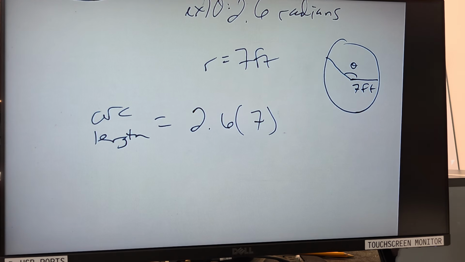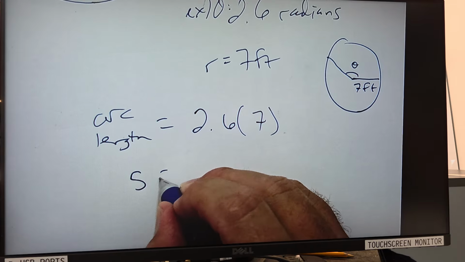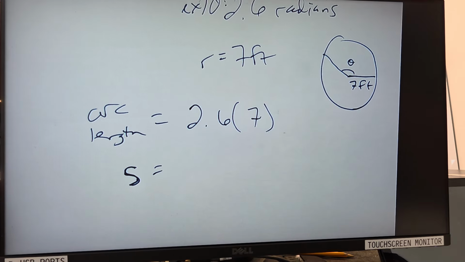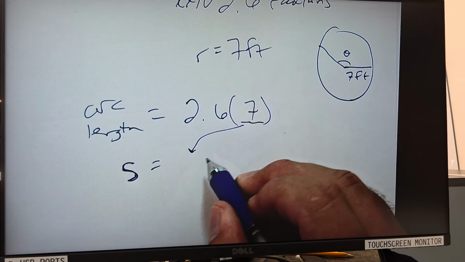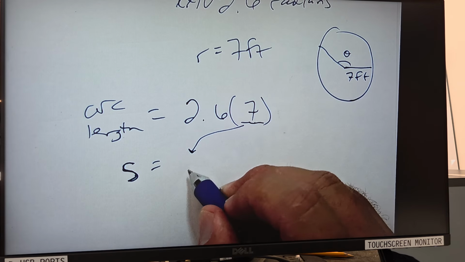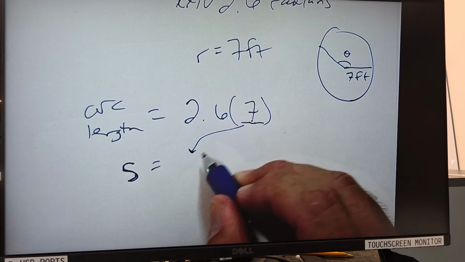Arc length. Now, here's the funny thing. I love my math people that came before me, because sometimes I wonder about them. But arc length, they said, what variable should we use for arc length? S. So arc length's variable is S. What does this represent again? Radius.